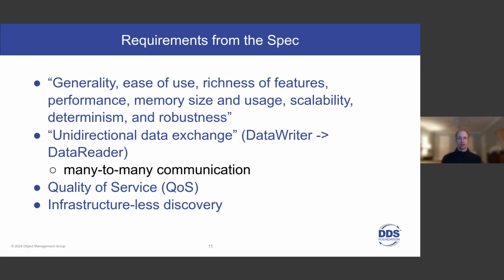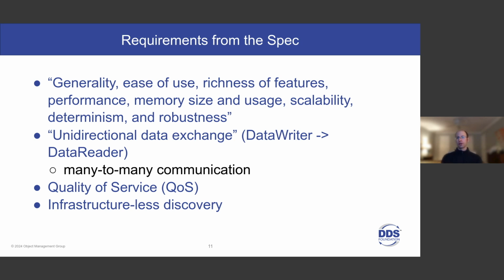A significant piece of DDS is the quality of service, and there's other talks that have been given in the series about quality of service. We're not going to dig too much into them in this talk, but we needed a protocol that would allow implementations to support all of the different clauses that are available. Some of those have an impact on the wire protocol, others don't. The significant one being reliability, and we'll give an example of that one.